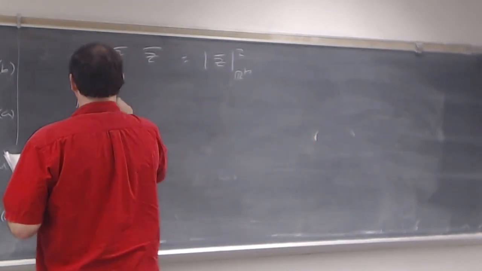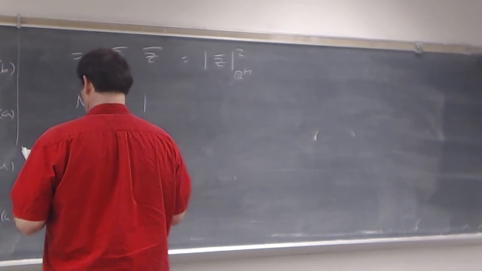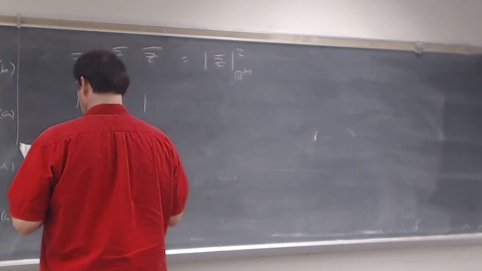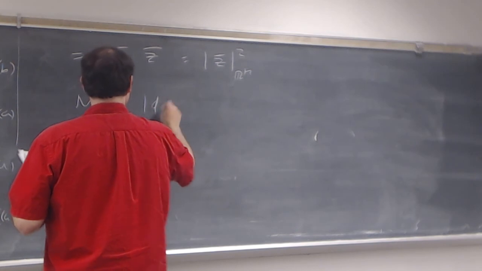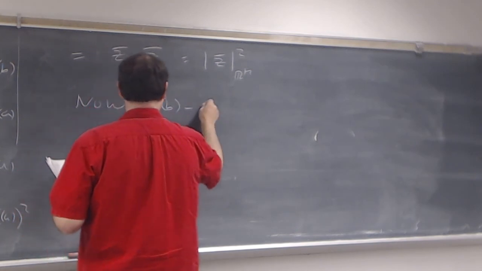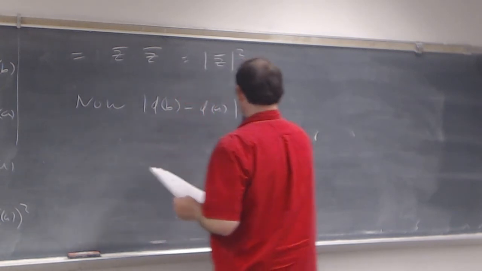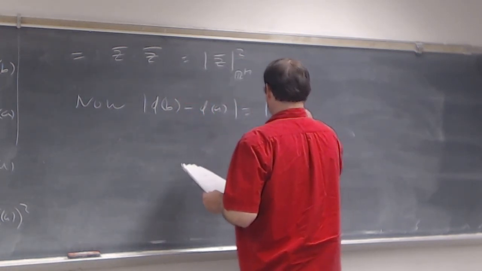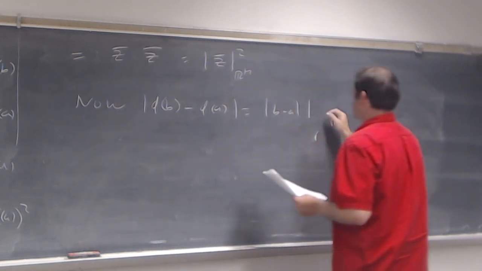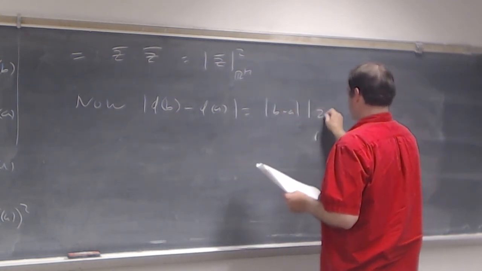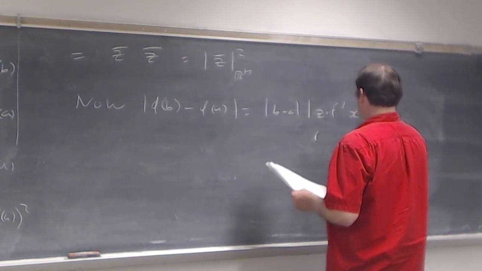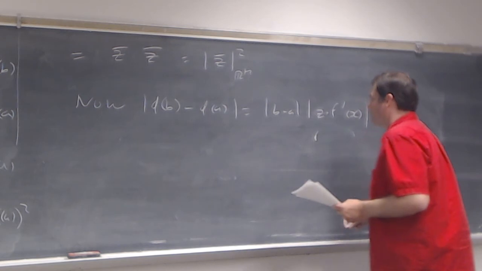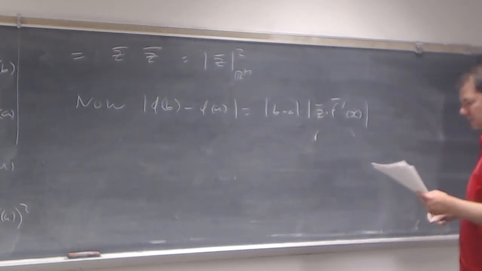Now, if we apply the absolute value, here's what we get. By the mean value theorem, phi of B minus phi of A has to be equal to the absolute value of B minus A times the absolute value of, I think it was, Z dotted with F prime acting on some X. This should be bars in these places.